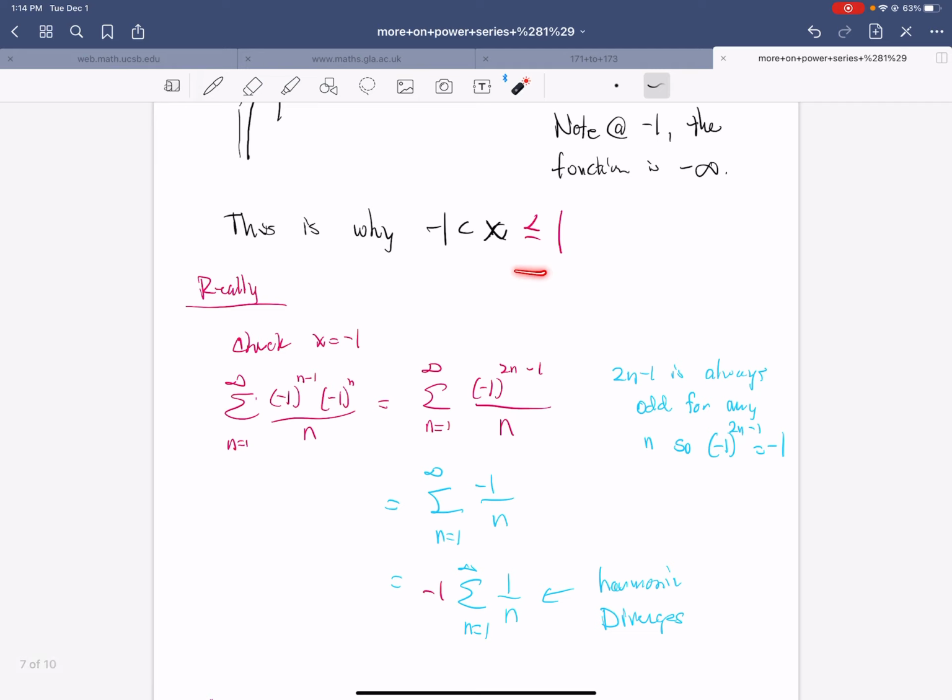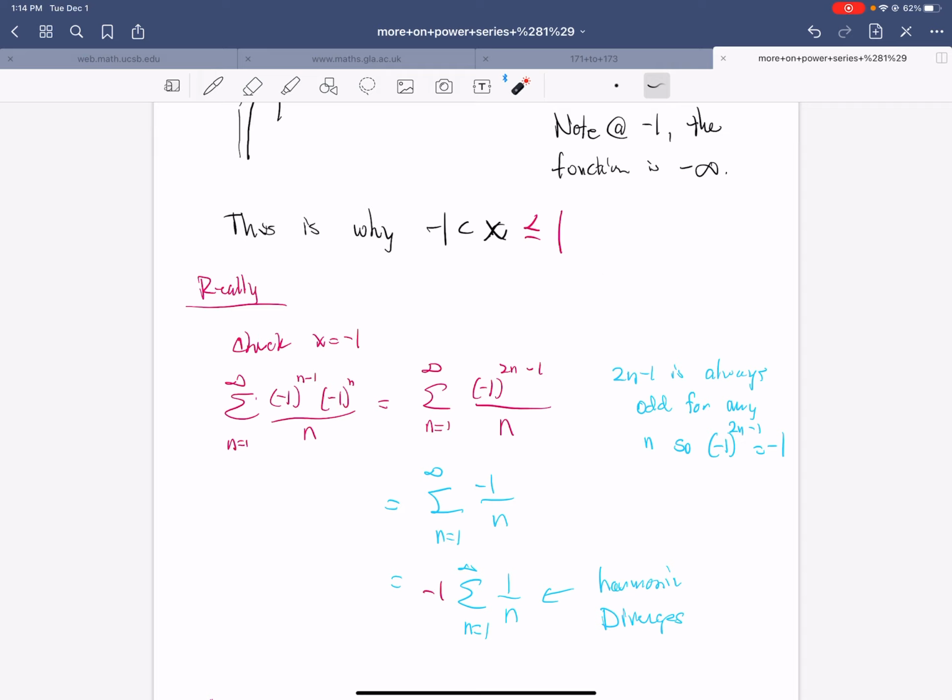But here's how it really works if we were going to check it. So when I put in negative 1, I have a negative 1 there. That gives me a negative, and with the same base to powers, you add the powers, so n plus n is 2n, and then we have the minus 1 right there. And so then I can break this apart: negative 1 to the 2n minus 1 is negative 1 to the 2n times negative 1 to the 1.